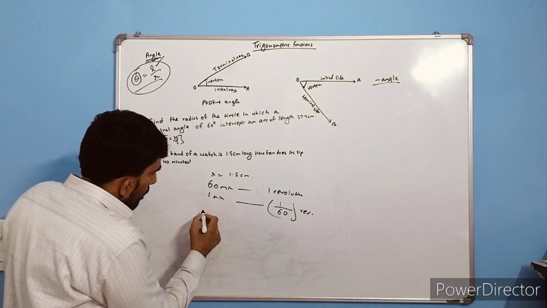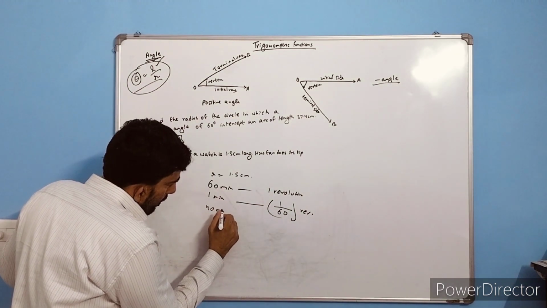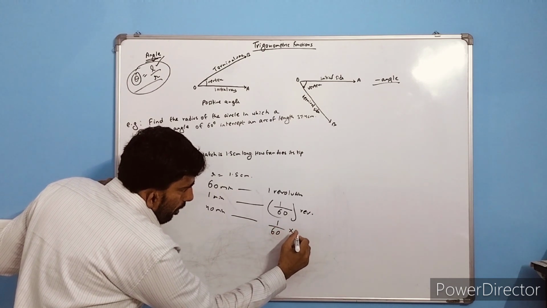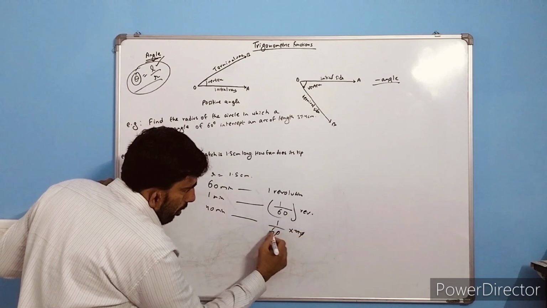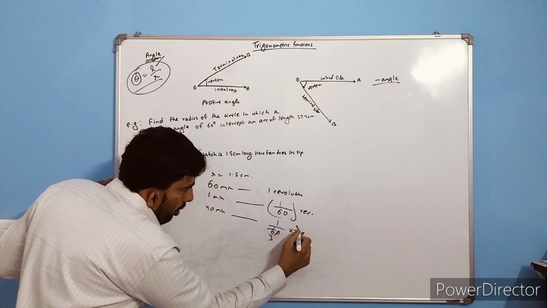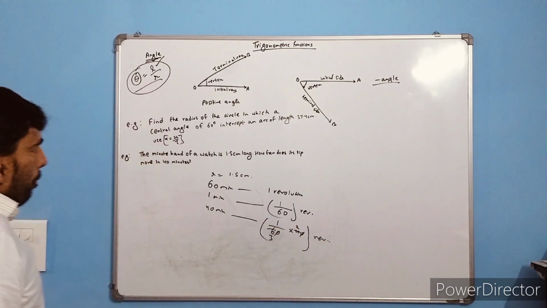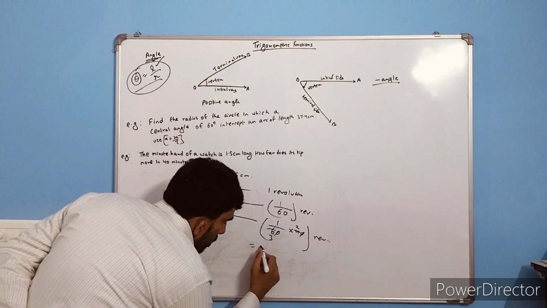Now we need to calculate for 40 minutes. So 40 minutes will be 1 upon 60 into 40, so I got 2 upon 3 of a revolution.